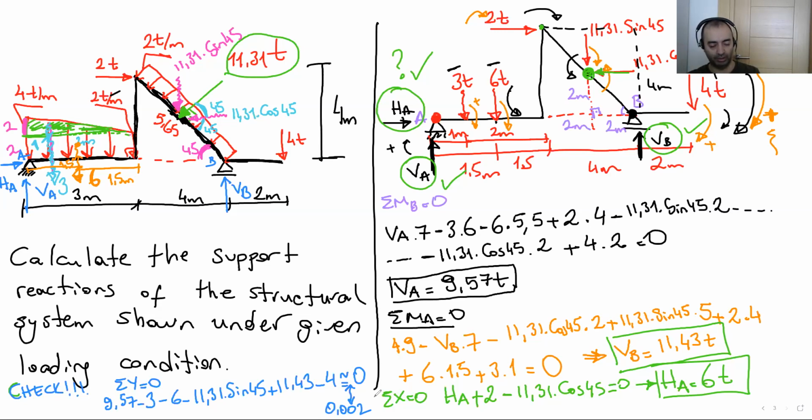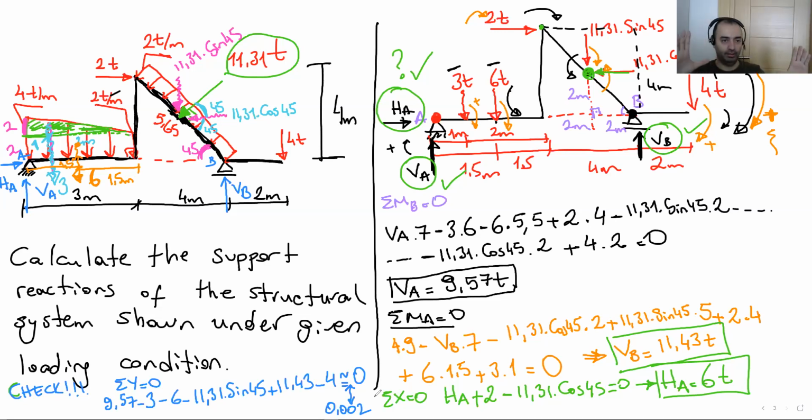For example, if you have a roller support, you have 1 vertical. If you put there 1 vertical, 1 horizontal, you do the wrong things. Okay, be careful for this one. Yes, we did this first. And the second step, what do we do? Turn the distributed loads to the point loads.